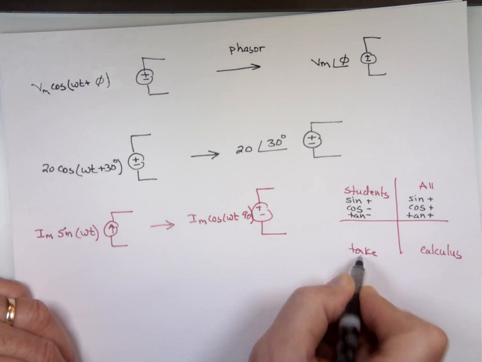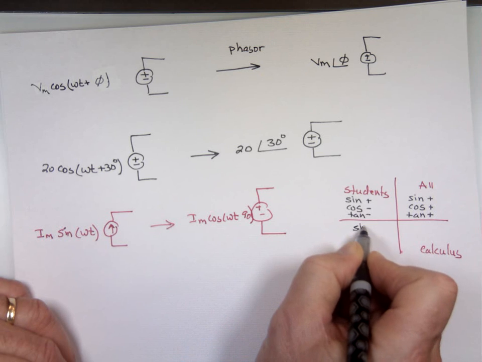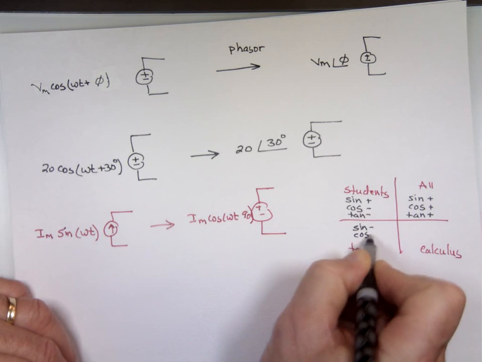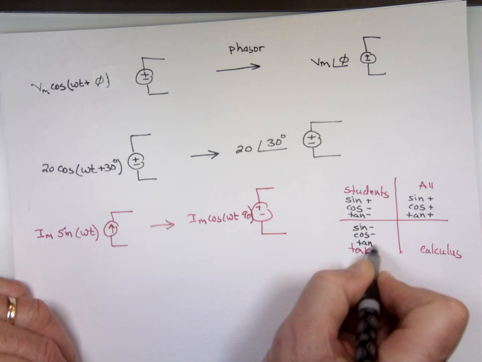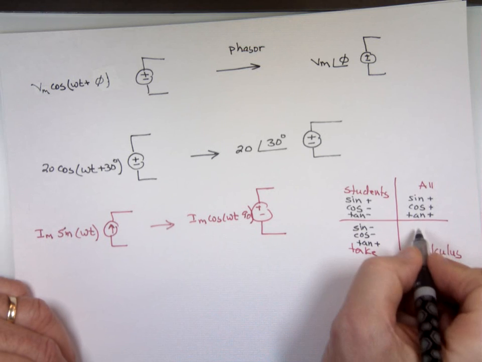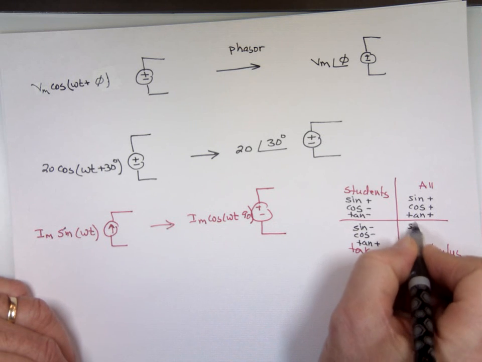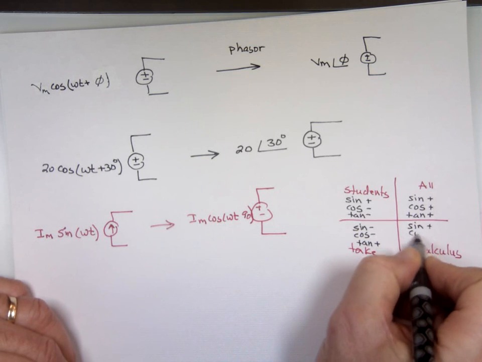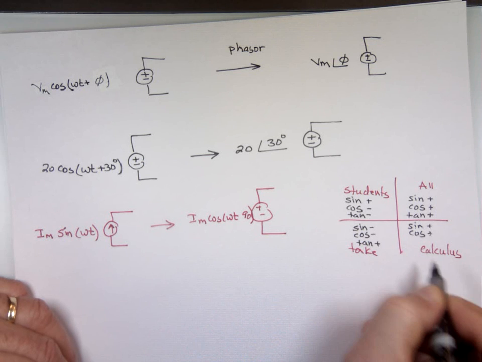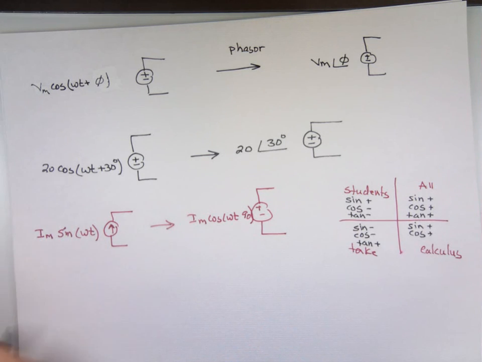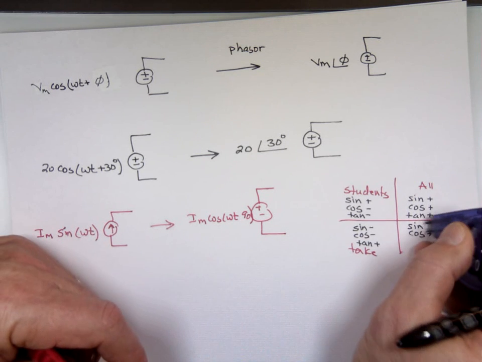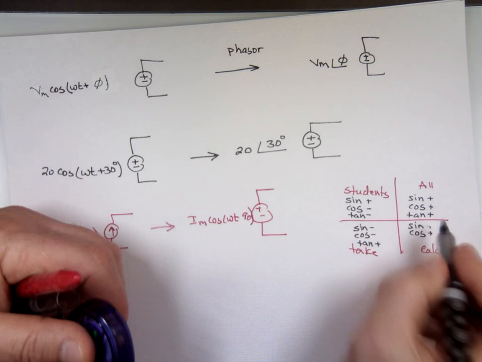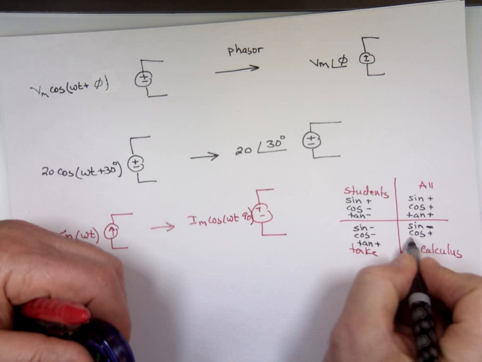Here the tangent is positive, which means the sine is negative. Cosine is negative. Tangent is positive. And in this quadrant, what? Sine is negative, cosine is positive. Only the C, the cosine, is positive. That's a negative. And the tangent is negative.